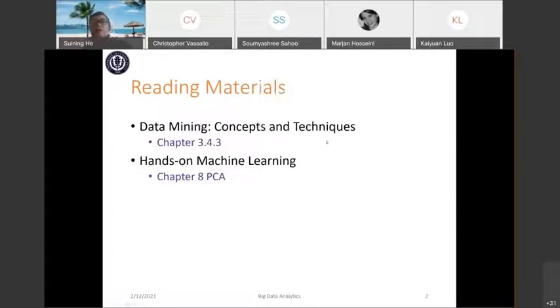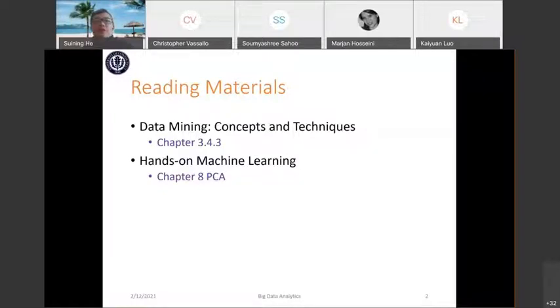Okay, before we start, these are the reading materials that I would like to recommend. For data mining, you need to look at chapter 3.4.3. For the two textbooks, Data Mining and Introduction to Data Mining, the description of principal component analysis, or PCA, is not very detailed.